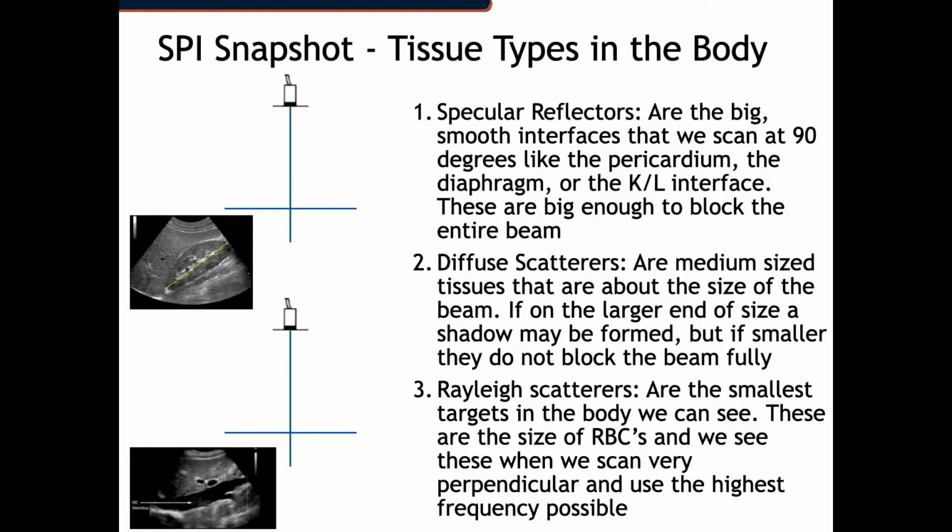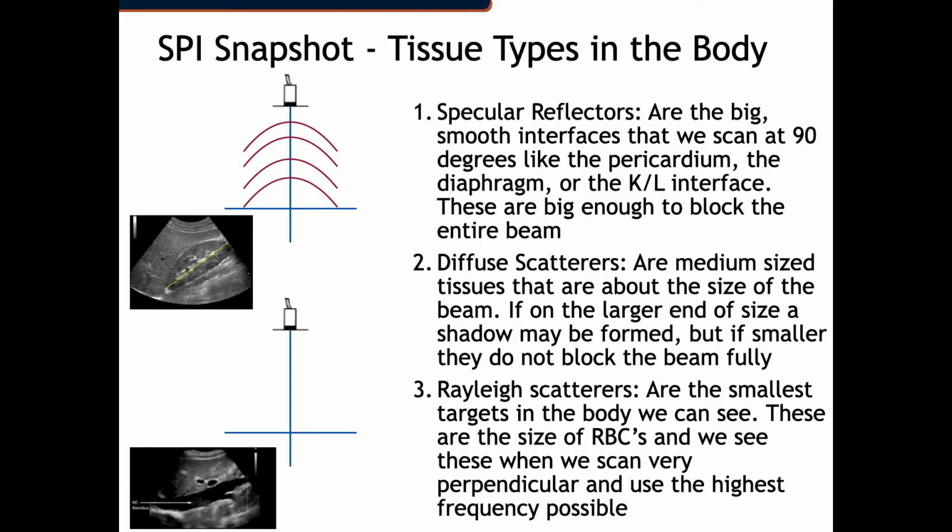And we call these specular reflectors. Specular reflectors send bright interfaces back to the body, and sound goes in, and sound will come straight back to the machine. But that only happens in very limited scenarios.